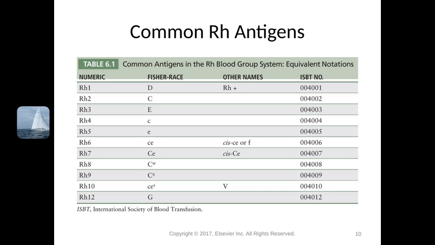Other names we'll see, obviously Rh positive, which you do know, and things like the cis or CE or F versions. The ISBT number is really simple.